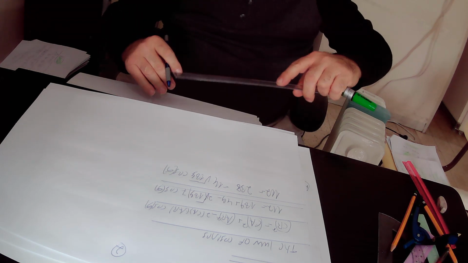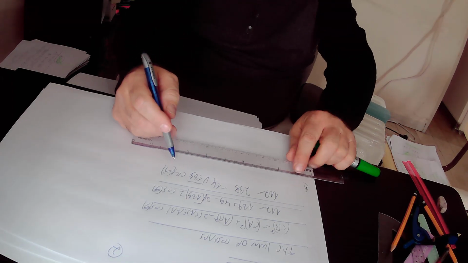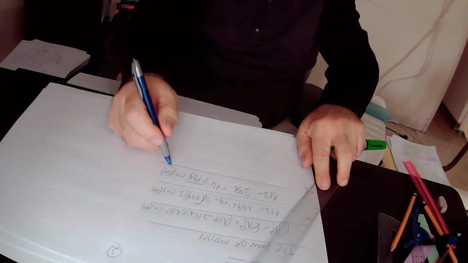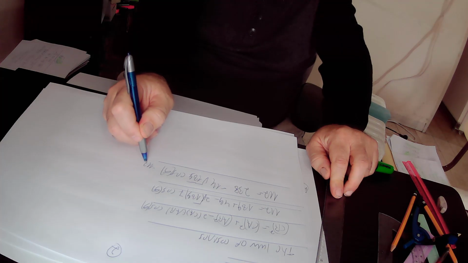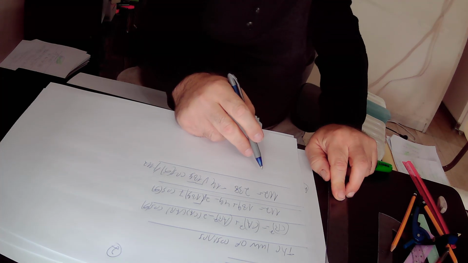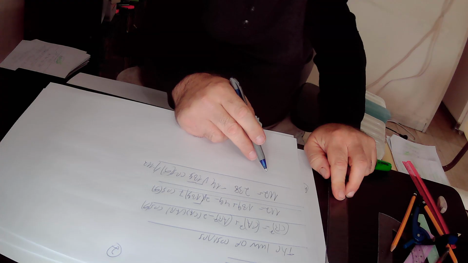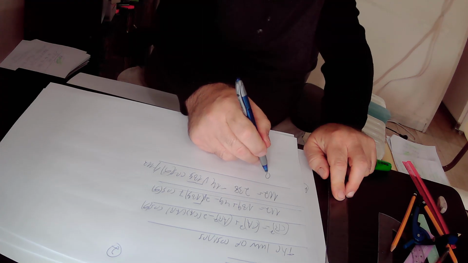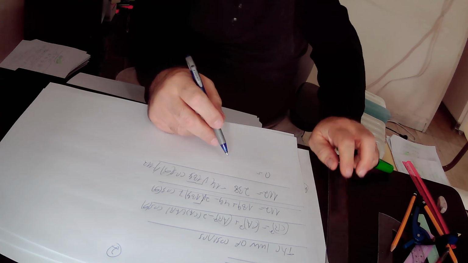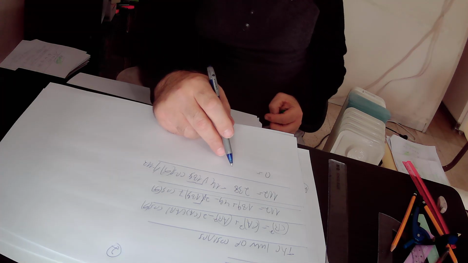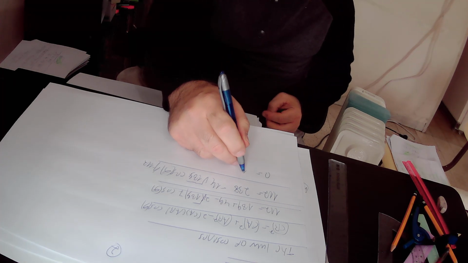Here we will subtract 112 from this equation. On this side of the equation we are left with nothing, that is to say 0, while on the other side we have 238 minus 112, which is 126.